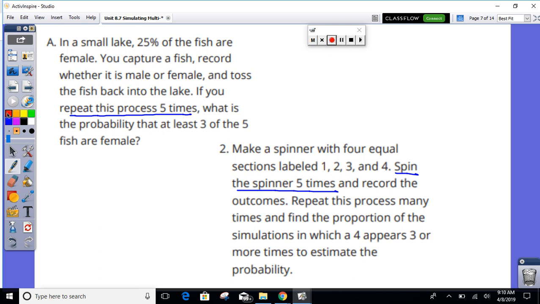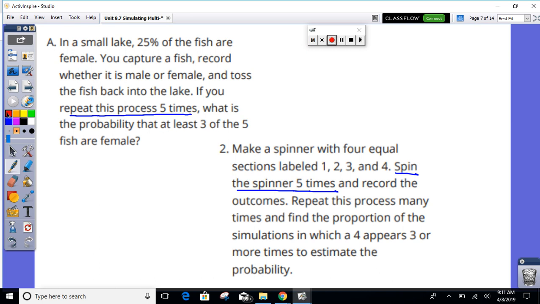Yes. Okay, why does the number need to show up 3 or more times? Jack? Why on this does it say that a 4 has to appear 3 or more times? What situation are we trying to simulate? What do we want to happen? To get the fish. What might the 4 represent from here?